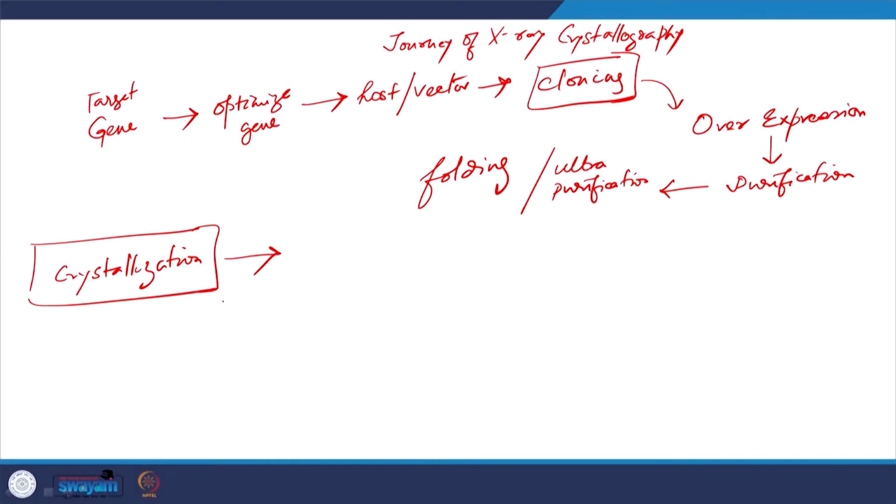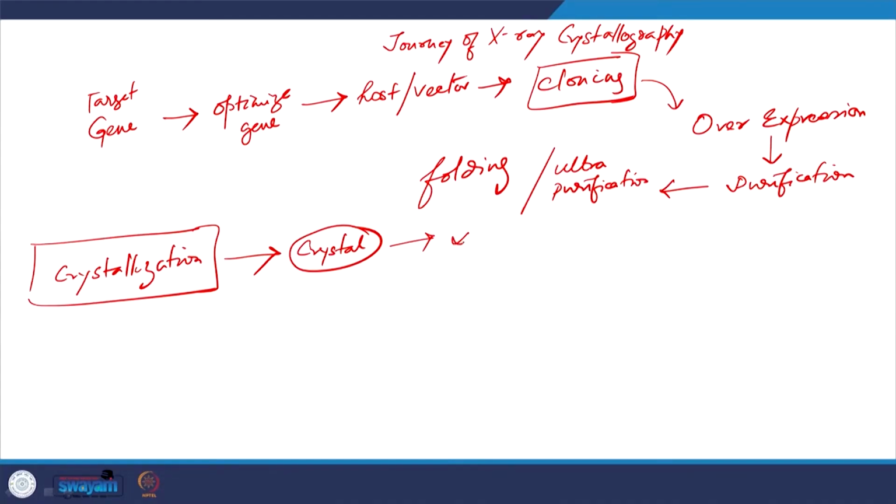And then from crystallization we got the crystal. We looked at the crystal, checked whether it is a protein crystal or not, and then went for diffraction.